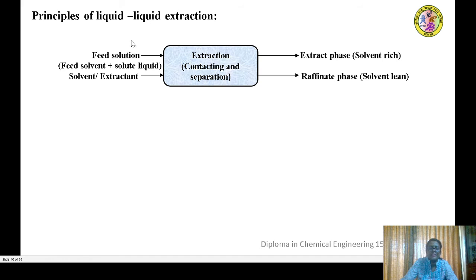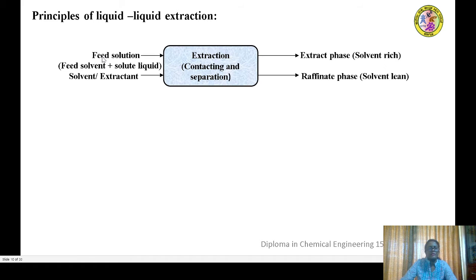One of the phases entering is the feed solution. Feed solution means the original solution from which you need to make the separation of components. Another phase entering the operation is the solvent, which is also called the extractant. Both of these phases entering are essentially liquids.